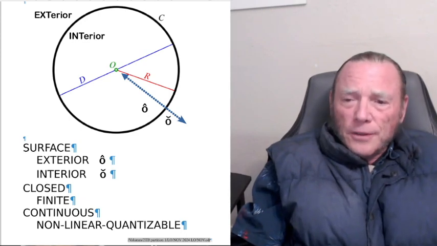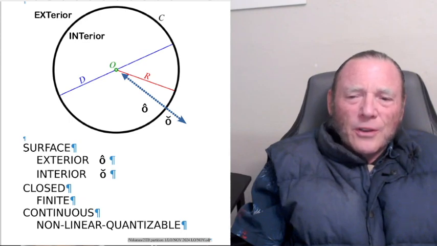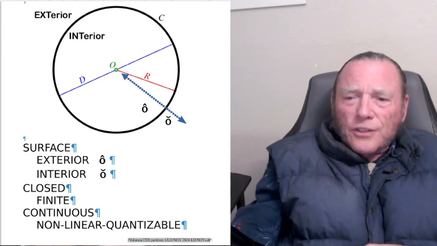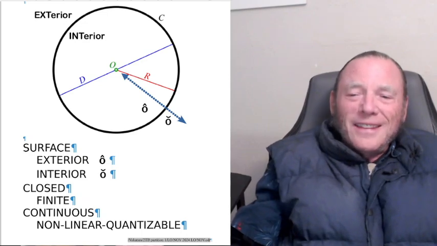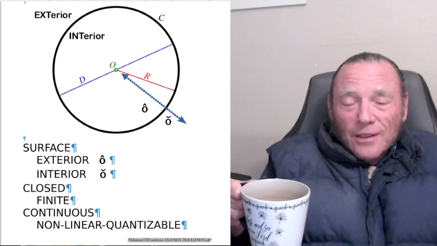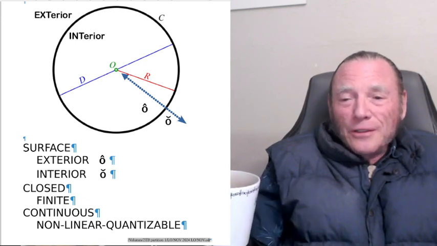And you know, the surface is synonymous with the circumference, but it has a different nuance. The circumference is conceived to be a number, which is correct. But the surface is a geometric subspace. That's technically correct. No one would argue with what I just said.